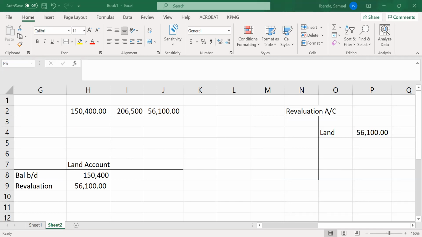Now, in such scenarios, you can have cases where you have depreciation after revaluation. So definitely depreciation after revaluation is based on the revalued amount, okay?